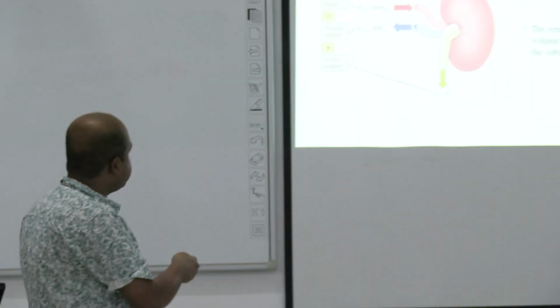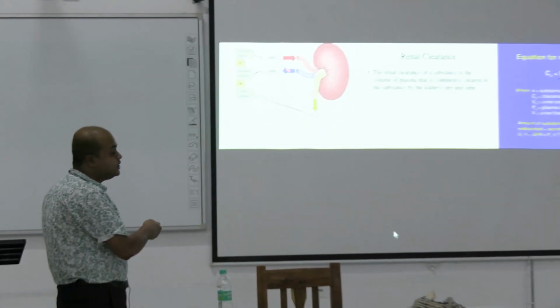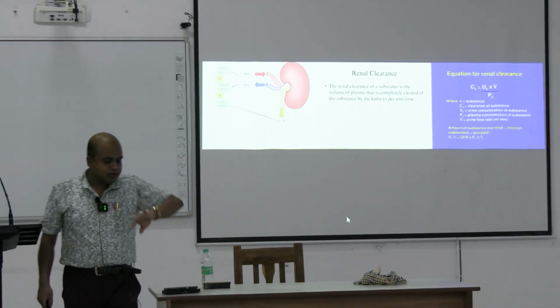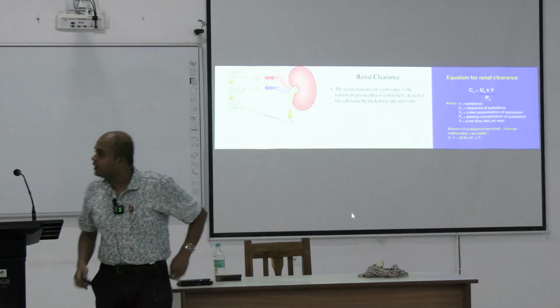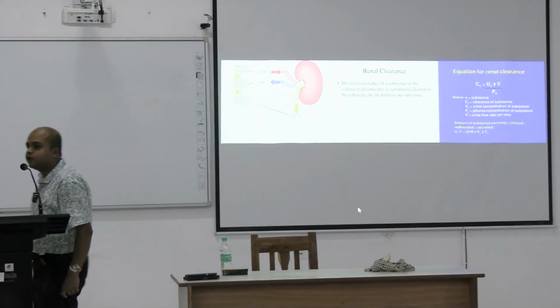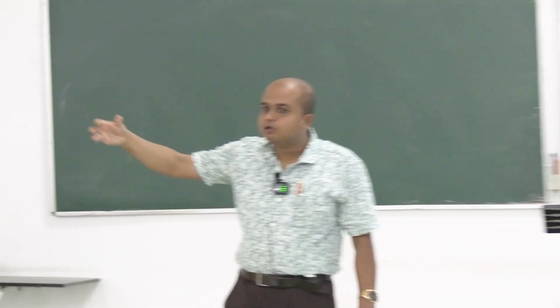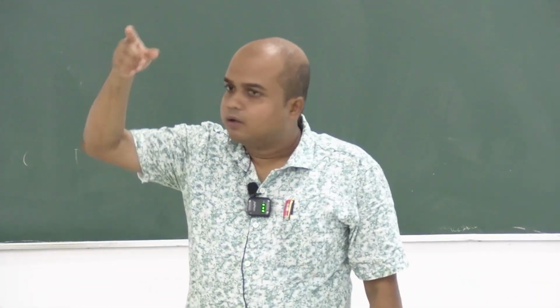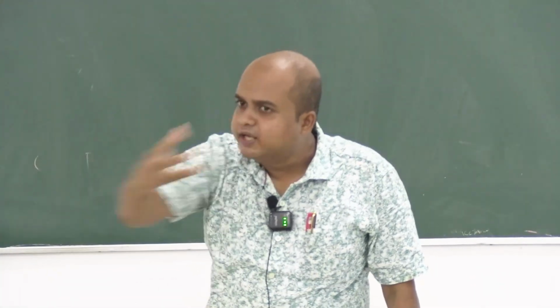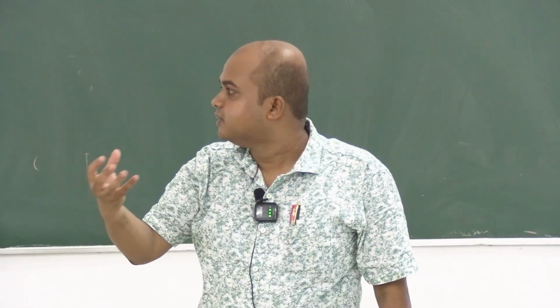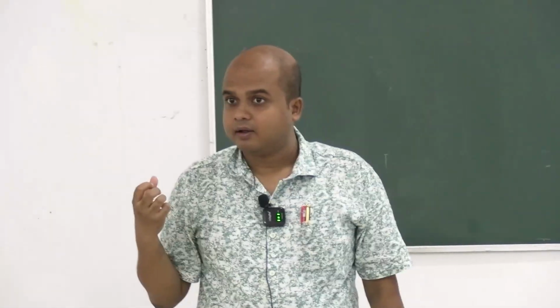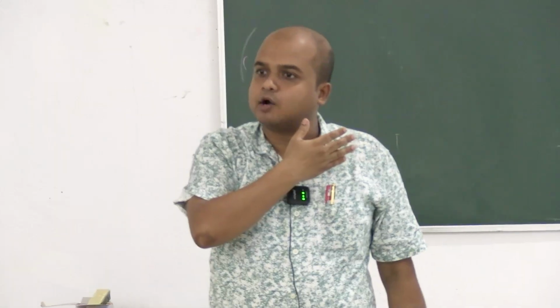So see, any substance which has entered through the renal artery, how will it go out? Either it will go through the efferent arterioles into the peritubular capillaries, or to the tubule, be reabsorbed through the peritubular capillaries, then go into the renal vein and pass out again into the blood.